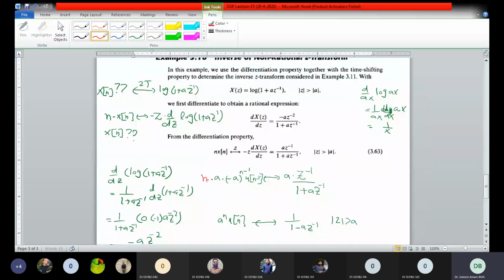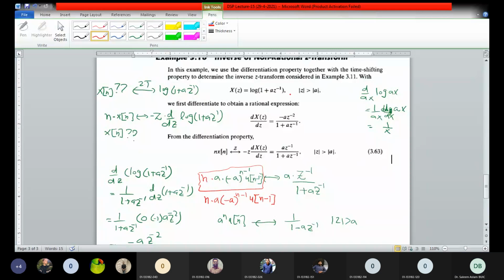So this is the equivalent inverse z transform of this expression. So you have n times a times minus a to the power n minus 1 u of n. This is the inverse z transform of log of 1 plus a z inverse.